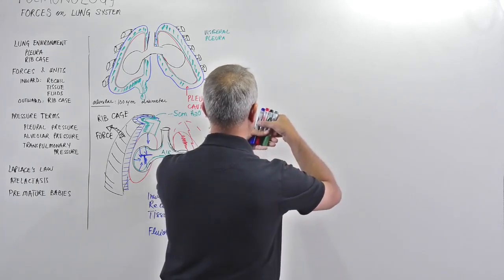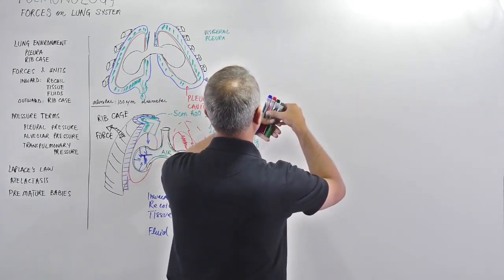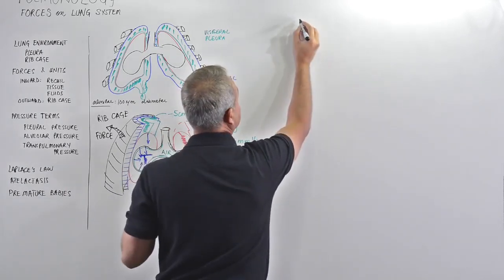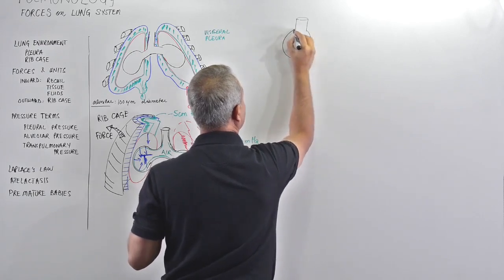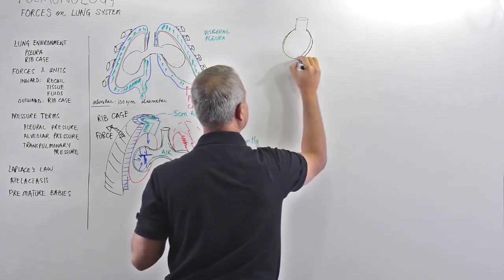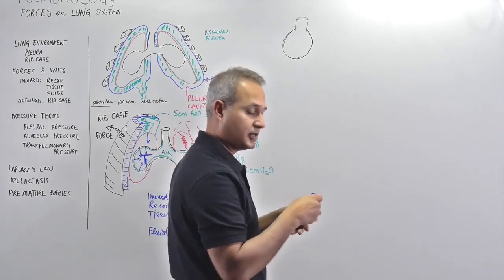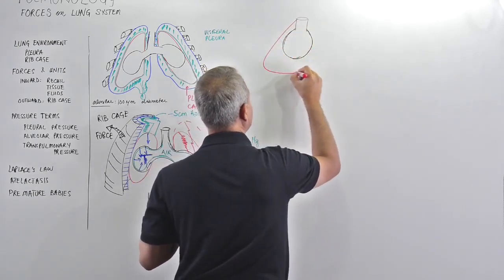Before we go there, let's look at the terms that we are going to be handling. This is an alveolus. This alveolus is in a lung.